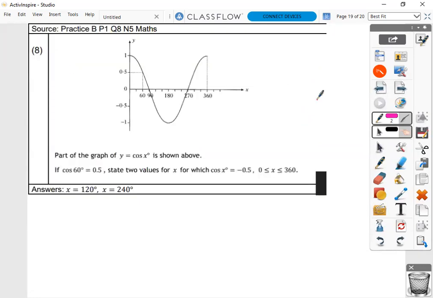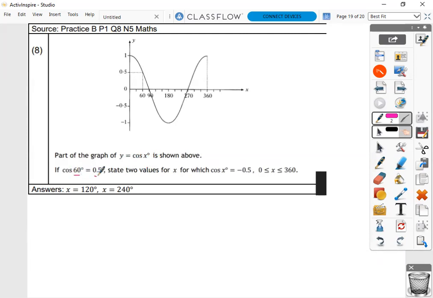Okay, so this is another way they've asked it. Again, it's the cos graph. They've actually given you the graph this time, which is quite nice of them. That was just a practice paper. Part of the graph y equals cos x.